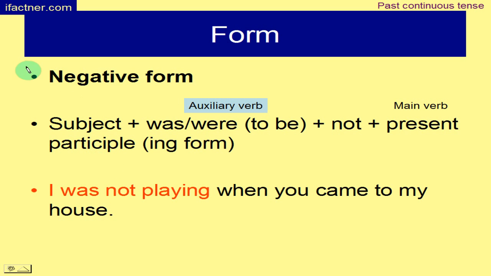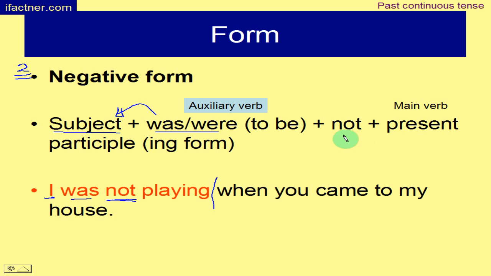Now let's discuss the negative form of past continuous tense. You see that in our example, I have added not. I was not playing when you came to my house. So, to form the negative form of past continuous tense, we have got the subject, then either was or were, depending upon the subject.